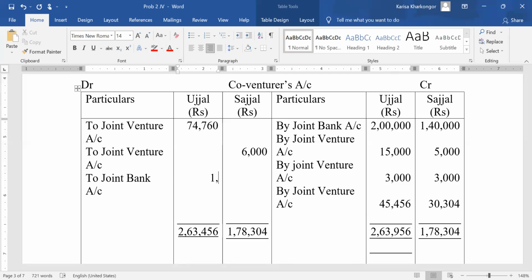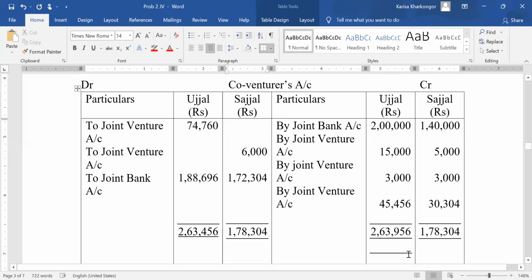We will get a balance of 1,88,696. And for Sajal, from the total of 1,78,304, we deduct 6,000, which we will get a balance of 1,72,304. So this is how we close the co-venturers account by transferring the balance to joint bank account.